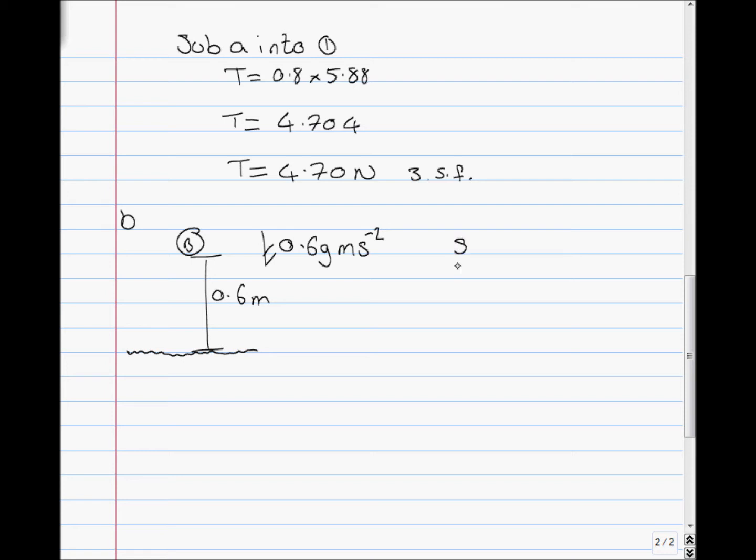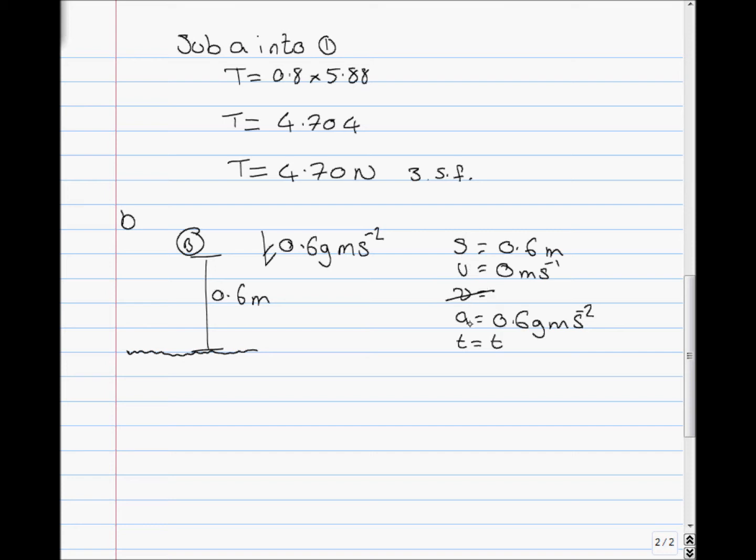Okay, so looking at SUVAT, S is 0.6 meters, U, it is released from rest, so it is 0 meters per second, A is 0.6 g meters per second squared, and T, that's what I'm looking for, so I don't really care about V.